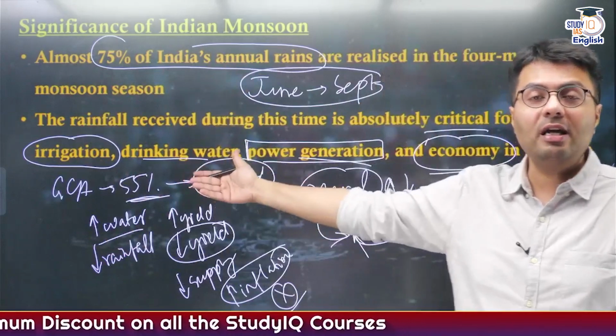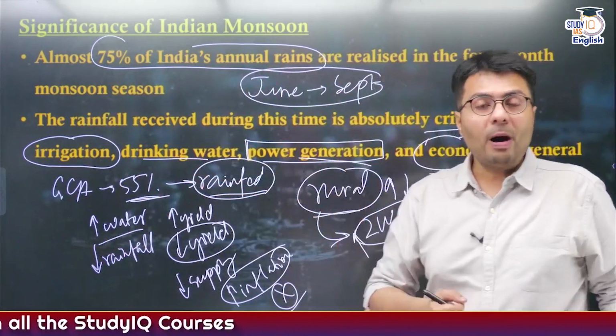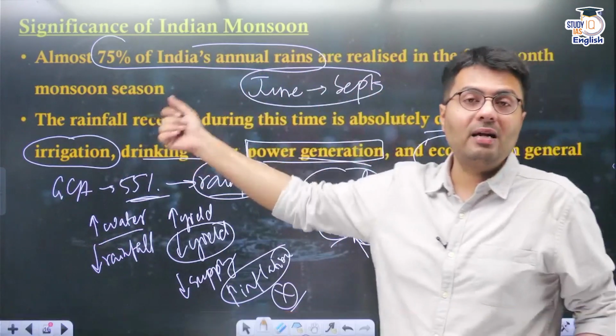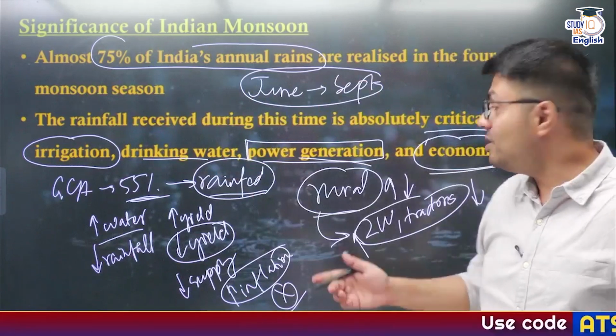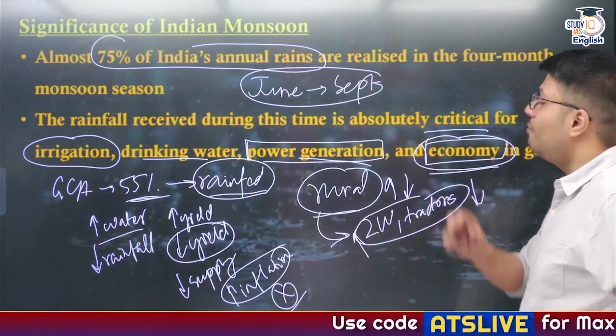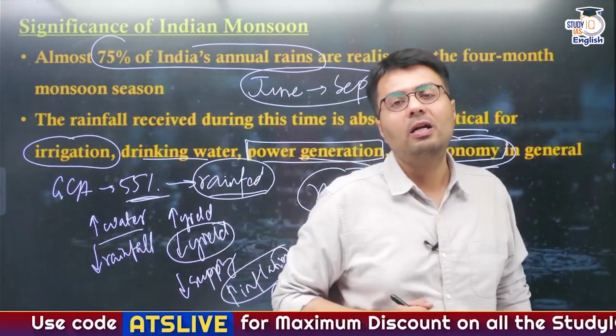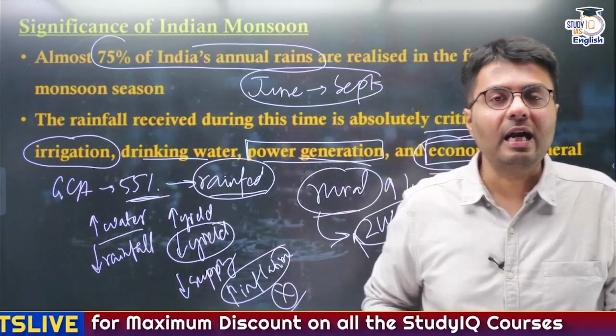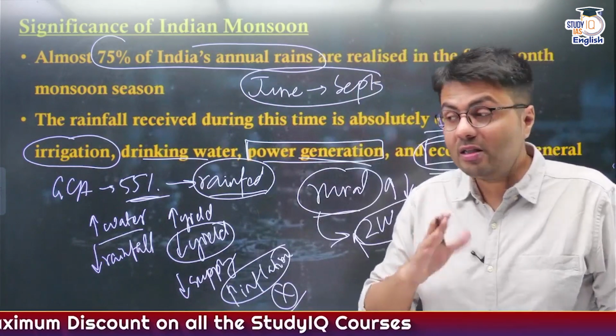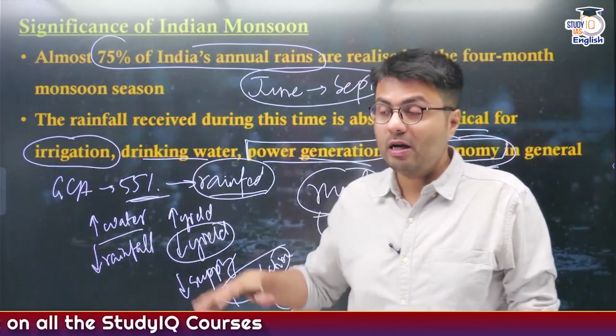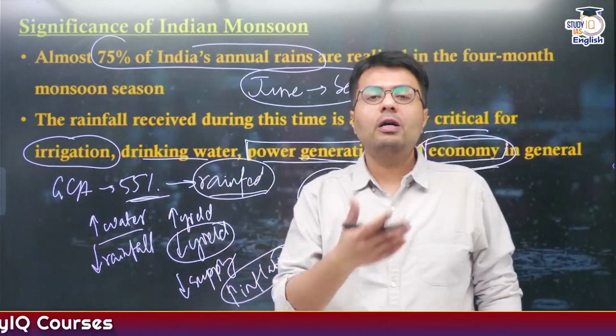It directly impacts the agricultural sector, power generation, and the availability of drinking water, which leads to higher economic growth, which can also lead to less economic growth in case the agricultural sector witnesses a decline in yield. Understand?